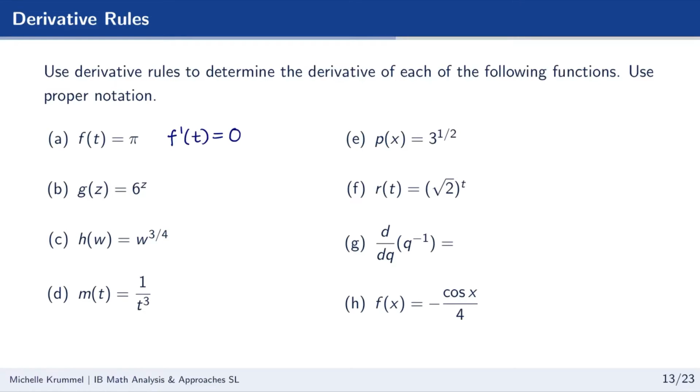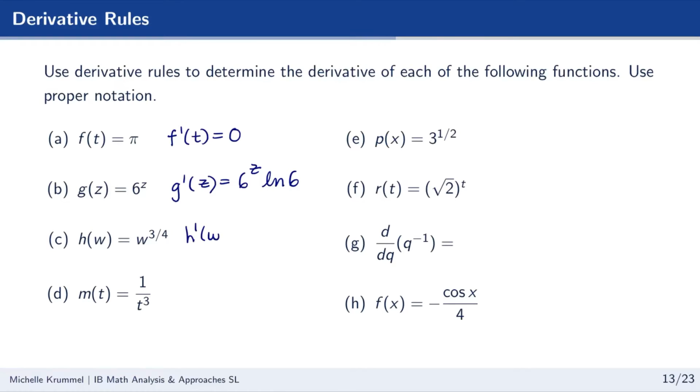Part B, g of z equals 6 to the power z. That is an exponential function, so we're going to use the exponential rule. G prime of z equals 6 to the power z times the natural log of 6. H of w equals w to the power 3/4. That is a power function, so we're going to use the power rule.